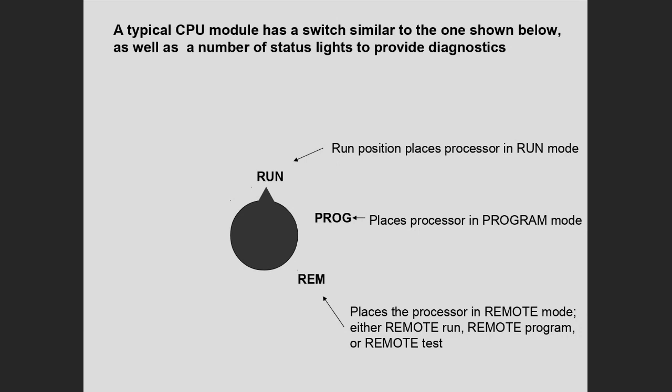Well, with a PLC, the programming device has its own memory. So what you do is you write your program, and it stays in the keyboard or the handheld device. There are several ways you can program a PLC, and we'll talk about a couple of different ways. But that program is going to stay in the programming device until you move it from the programming device to the actual PLC.